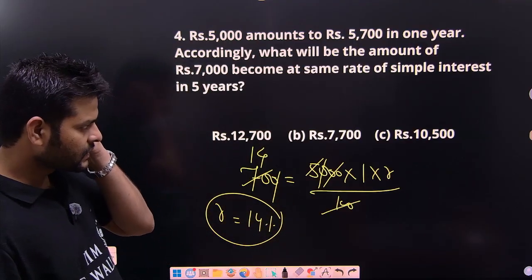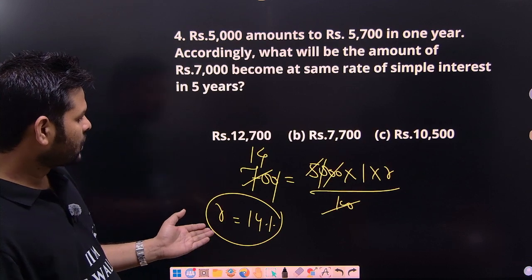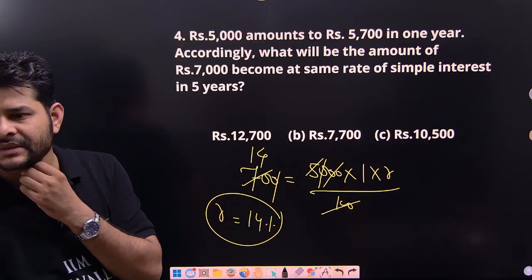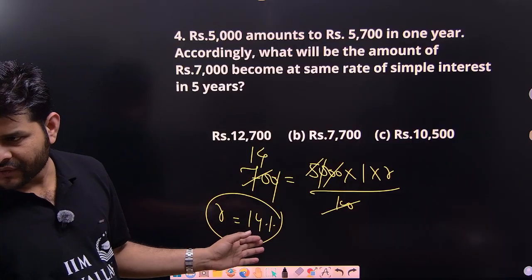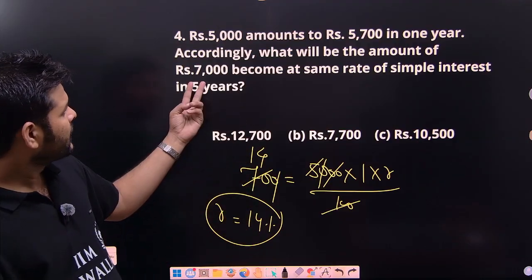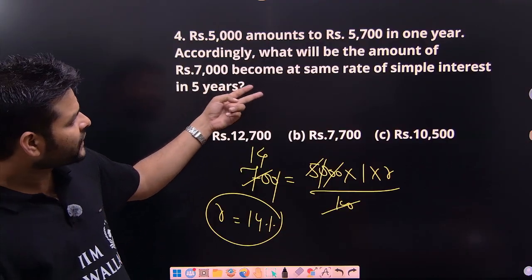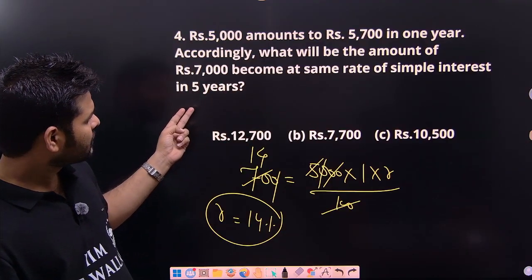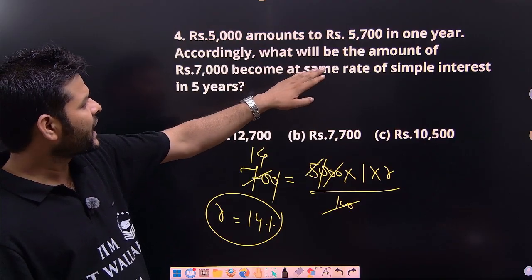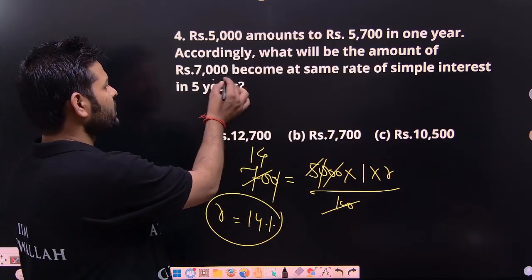Maybe that is the answer. Let's check. You have the answer sheet just below the slides. So we have the rate of interest 14%. On this rate of interest, what will be the amount of rupees 7,000?